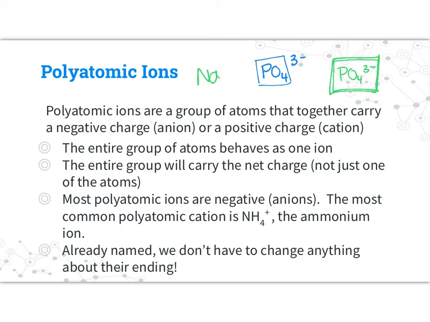So Na works as one ion, Cl- acts as one ion, PO4 3- acts as one. They move together. They stay stuck together, those phosphorus and 4 oxygens. They're already all named. We don't do anything to their ending, so we do not use "-ide" here. Okay, we leave them as is.